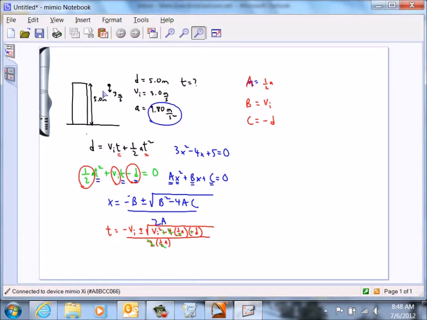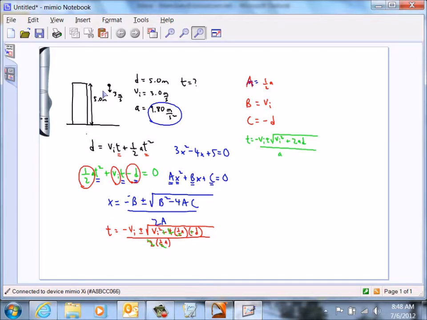So let's rewrite this. That gives me t is equal to minus v sub I plus or minus the square root of v sub I squared plus 2ad is what that simplifies to, all divided by a. So that made it a little bit neater and more compact.